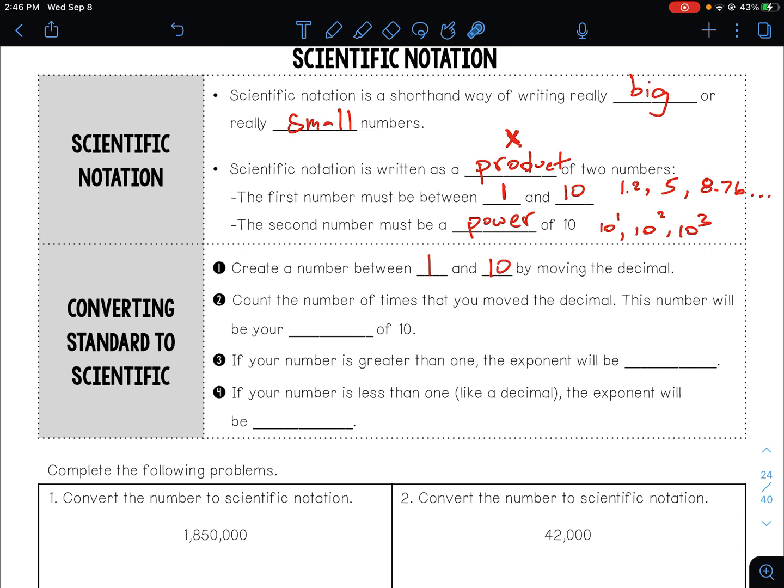This will be your power of 10. If your number is greater than 1, the exponent will be positive, plus. And if your number is less than 1, like a decimal, the exponent will be negative, a little minus sign.